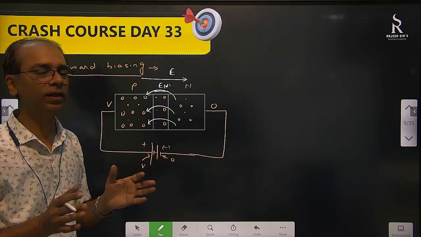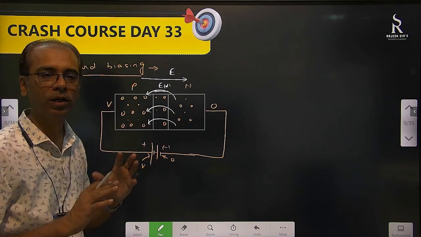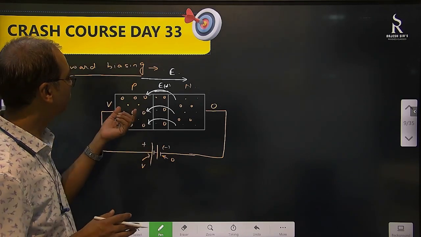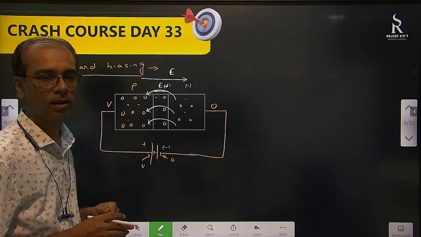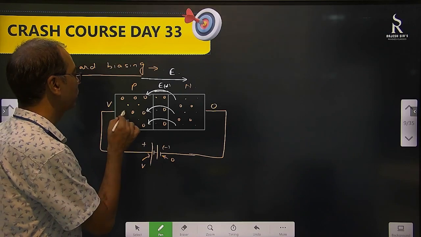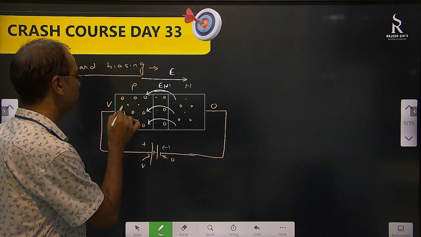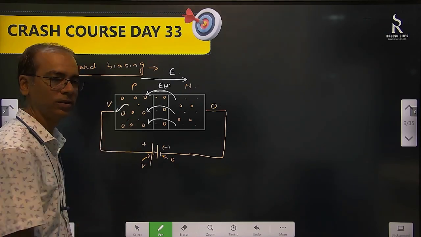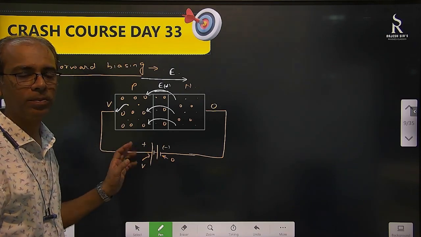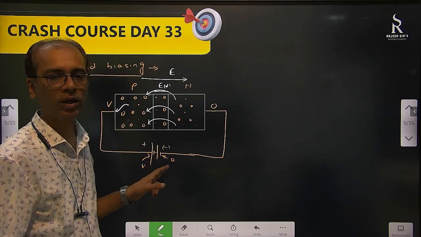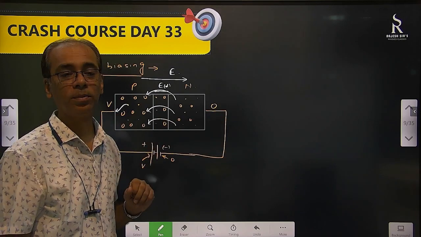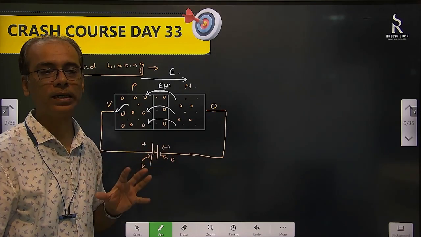In the p side, covalent bonds are broken, and here an electron is free. Where will the electron go? It will go to the positive end of the battery. The battery will do the work and make the electron go like this, back to N, because you have to maintain neutrality at the same time.